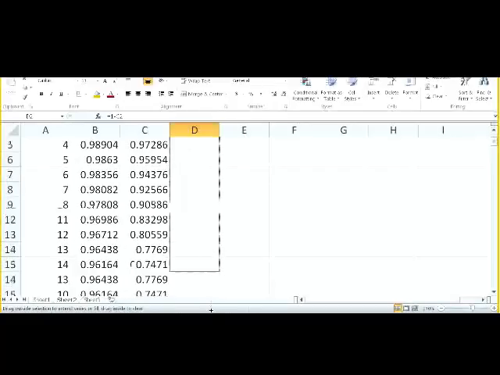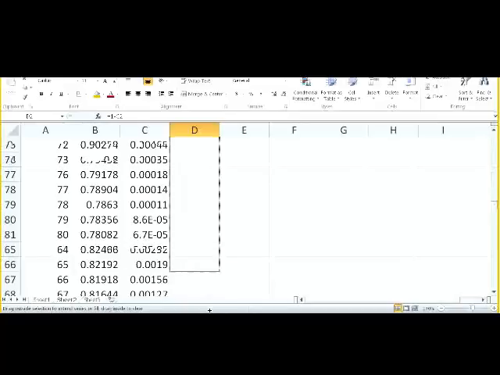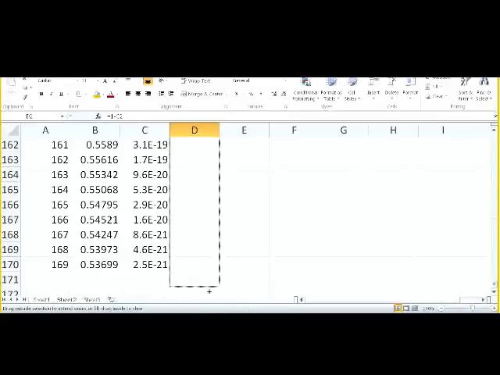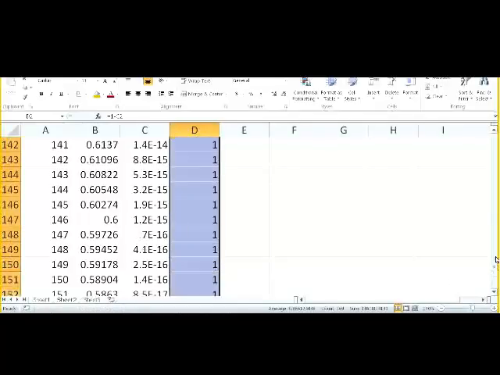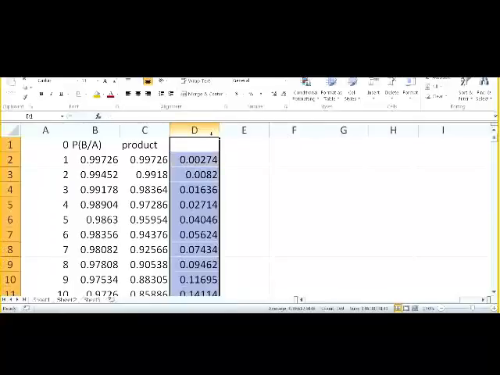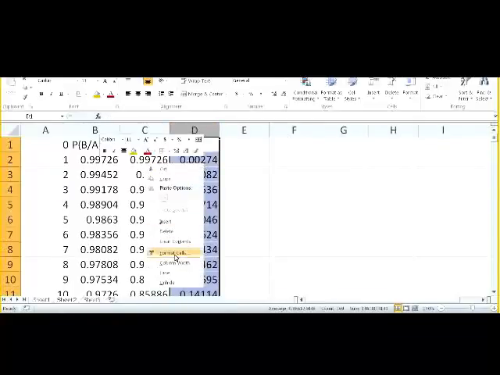So the third column is the probability that people will not have the same birthday. If you take 1 minus that, that's the probability that two people will have the same birthday. So the closer to 1 you are, the more likely you are to have two people having the same birthday.